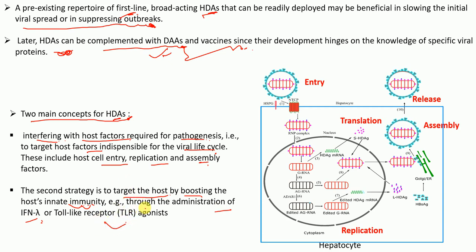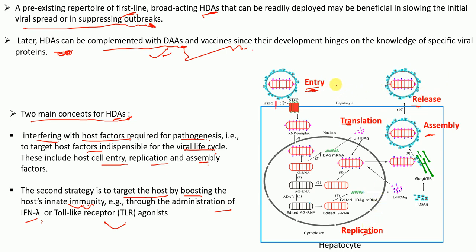Okay, for example. So guys, as you can see, we can target host proteins or host factors which are important for virus entry, or for the translation of the viral genome, or for virus replication, or the assembly of the virus, and also the release of the virus. So these are the different stages of the virus life cycle that can be targeted.